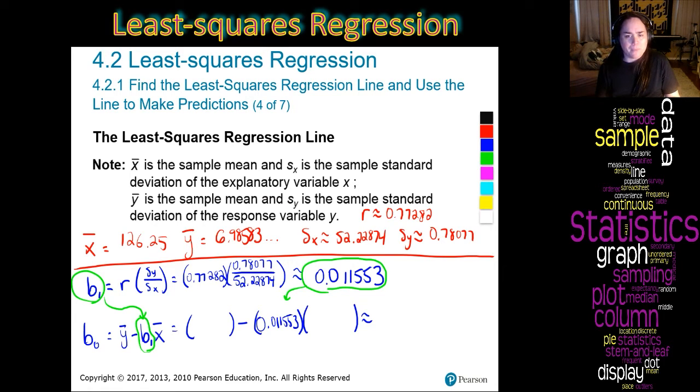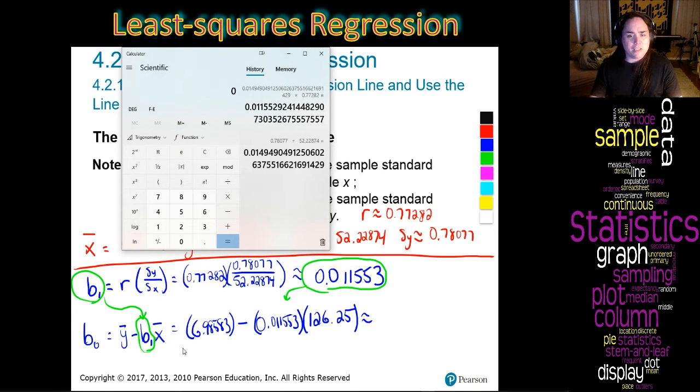Now I need to just substitute x bar at the end right here from the Excel spreadsheet we did yesterday. We got that it was 126.25, and the sample mean for y was 6.98583.